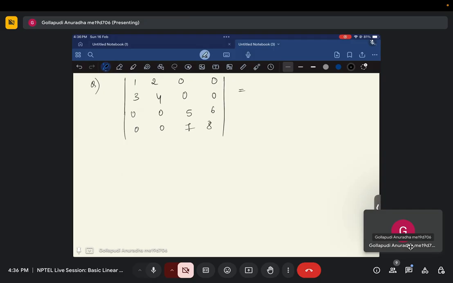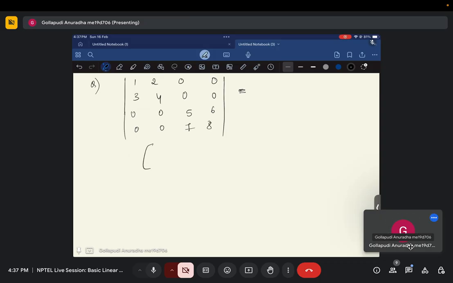Block matrix. Minus 4. Now sorry, plus 4, plus 4 it is.